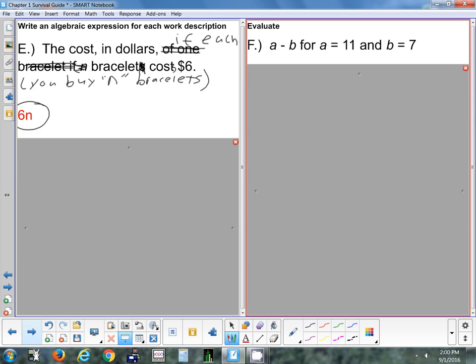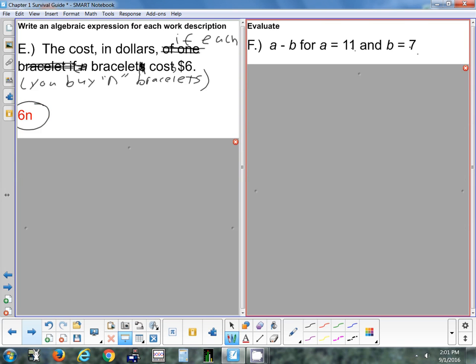All right, so this one is evaluate. What do you think the first thing you have to do to evaluate is? They gave me an expression, and then they said A equals 11, B equals 7. What do you think I'm going to do with the 11 and the 7?